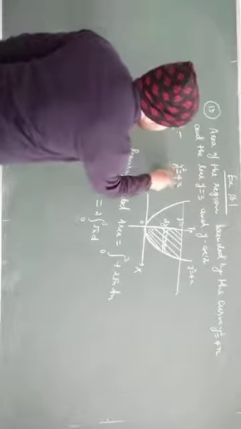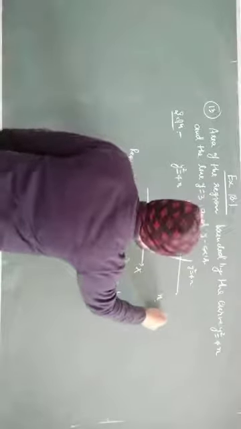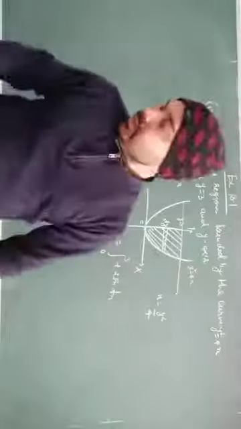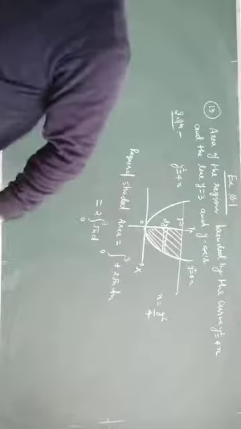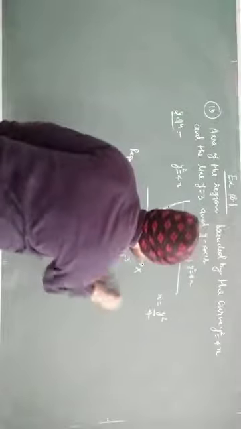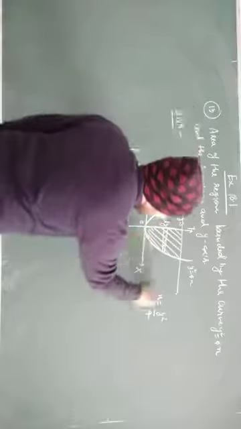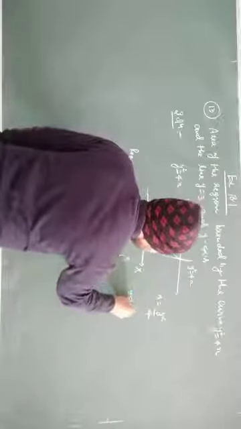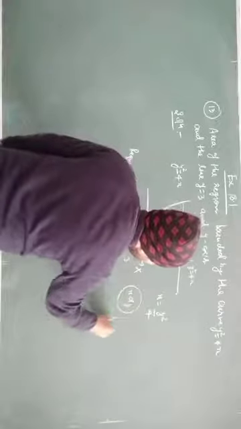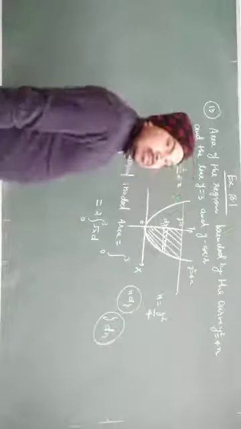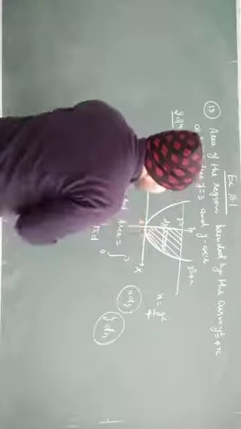Y square is equal to 4x, so x is equal to y square by 4. If the strip is horizontal, then the function is in the form of x, and if we take a vertical strip, the function is in the form of y.